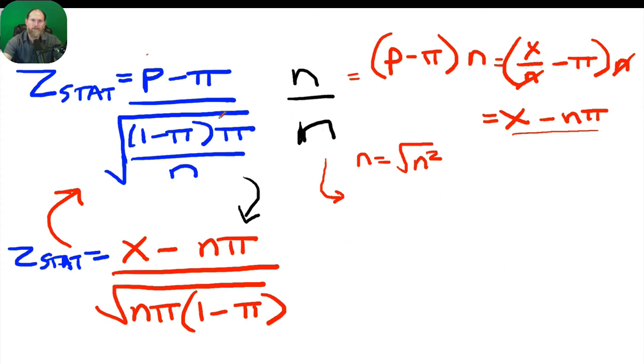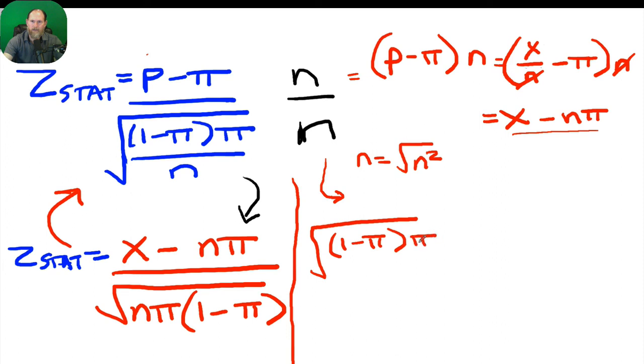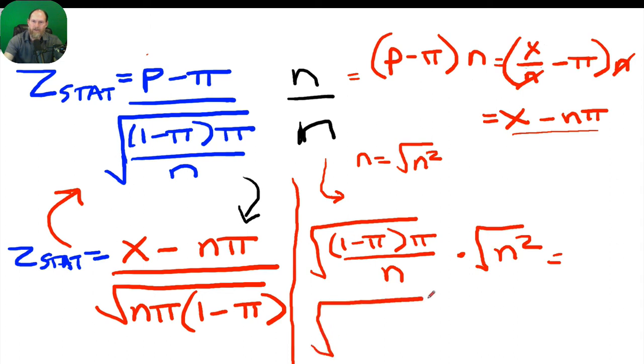So n times this whole mess, (1 minus p-pop) times p-pop over n, is the same thing as getting that underneath there.